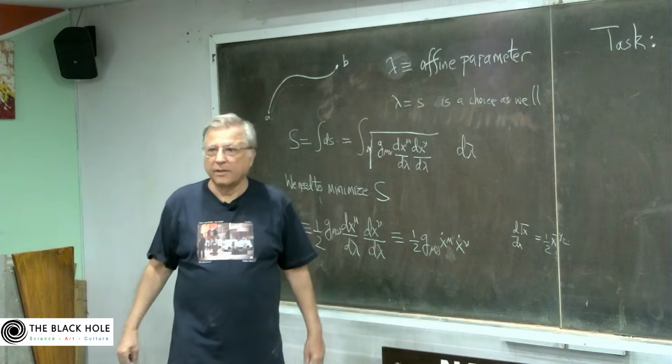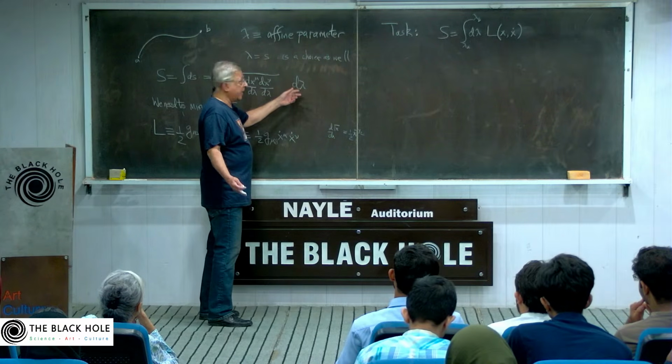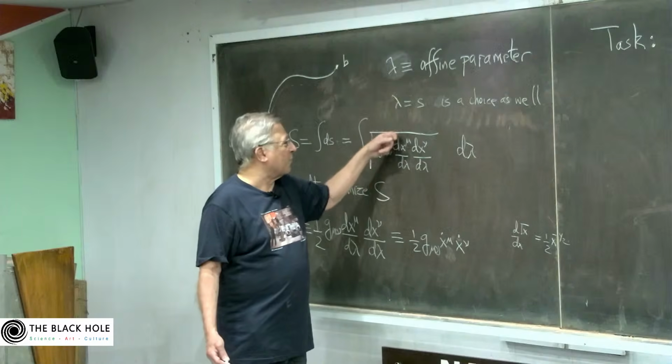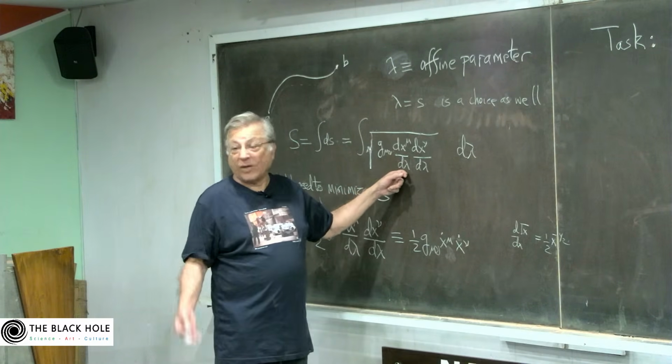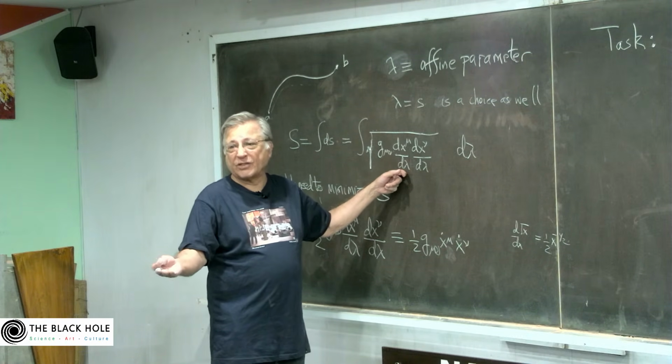But dimensionally, if lambda is equal to s and s has the dimensions of distance, then shouldn't lambda also have the dimensions of distance? Well, whatever dimension lambda is, it gets cancelled out by here. Then shouldn't the derivative be with respect to space? Well, we can choose lambda to be dimensionless, or we can choose it to have dimension time.